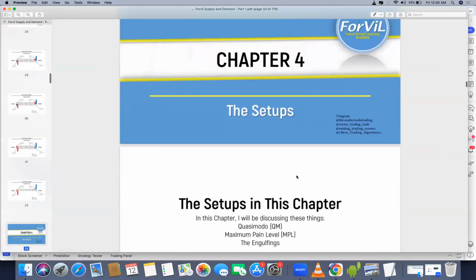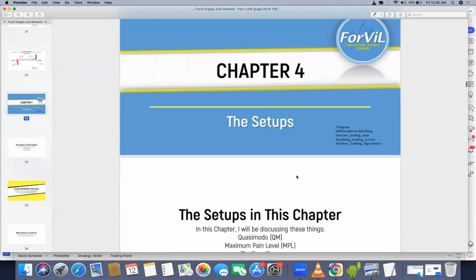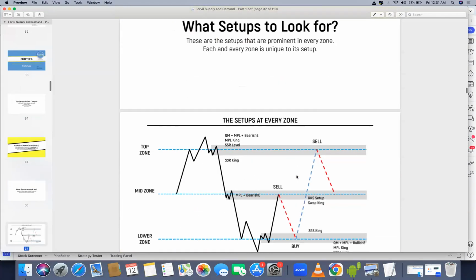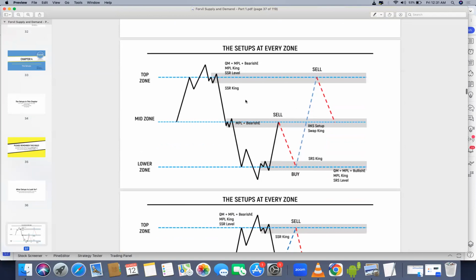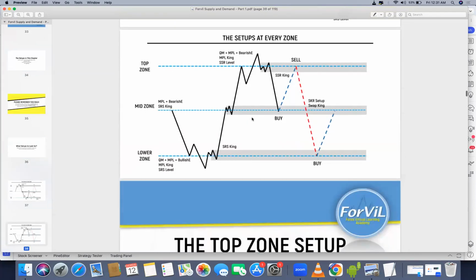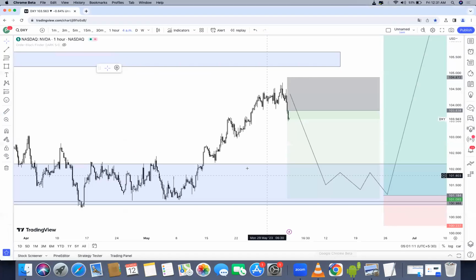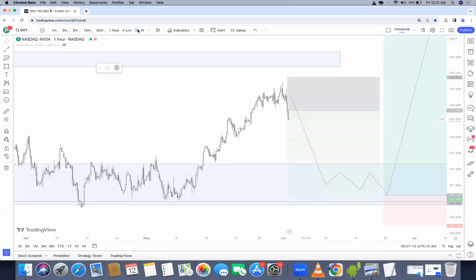I think we've treated the marking, and then we're going to talk about the setups, all right? How to go about it, and I think we've talked about the mid zones and the lower zones, all right? The setup of every zone. So let's say we go back to the daily time frame.